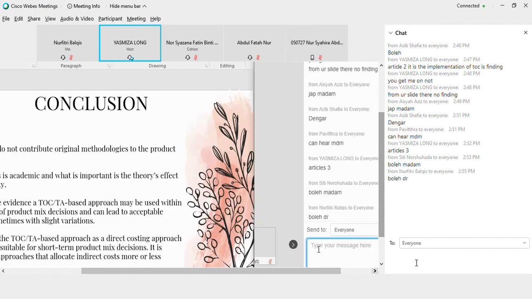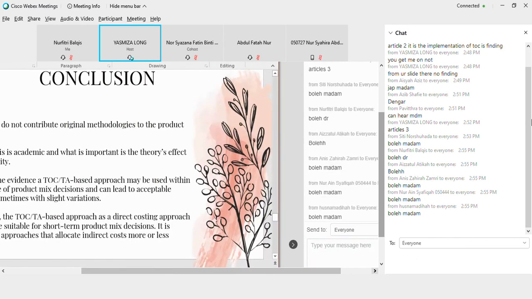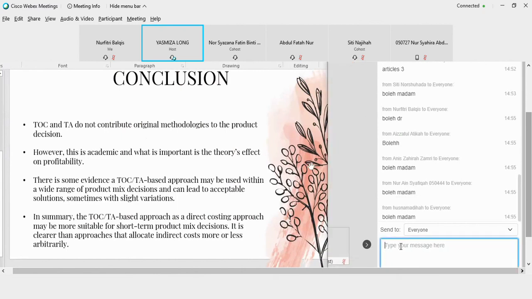Yes, Madam, boleh. Okay, so untuk the next class, kita continue dengan strategic management accounting yang selepas target costing tu, alright? Okay, so see you next class.